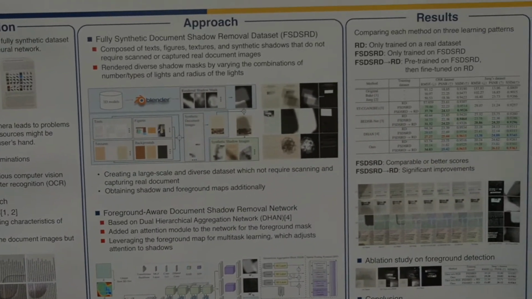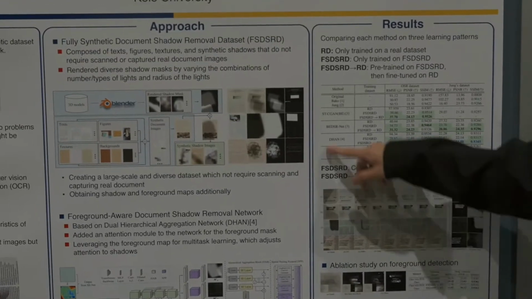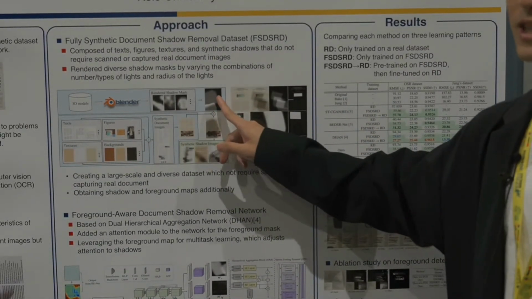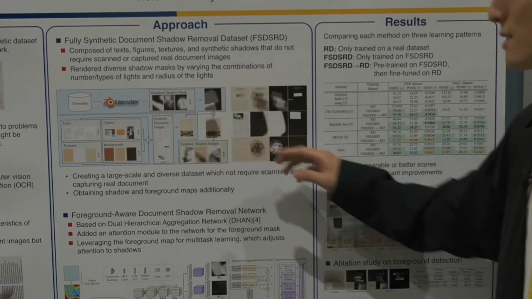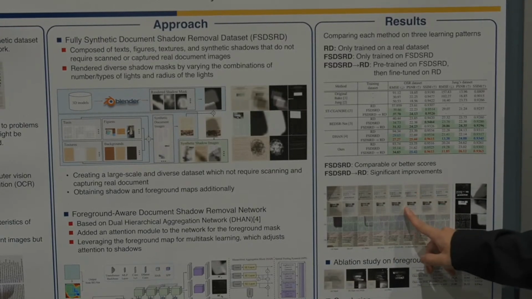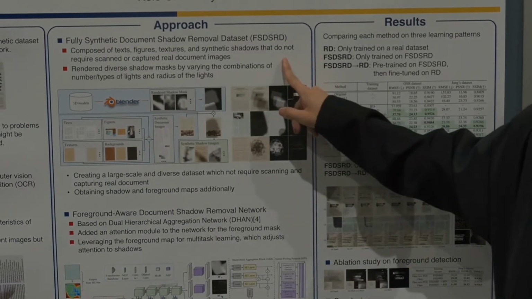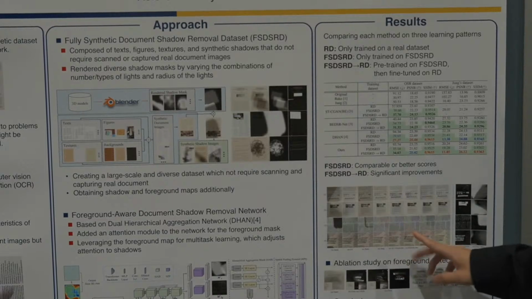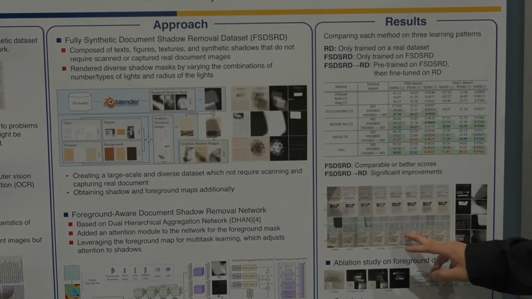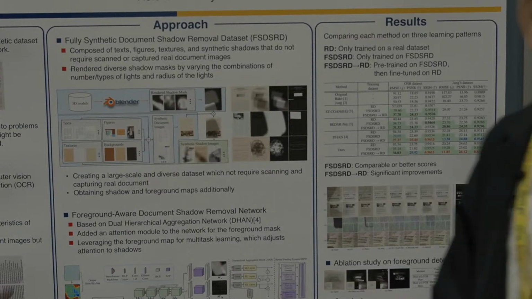And also we found that the networks only trained on the proposed dataset, which is fully synthetic, can perform well on real datasets: only trained on synthetic images and tested on real images, it performs well.